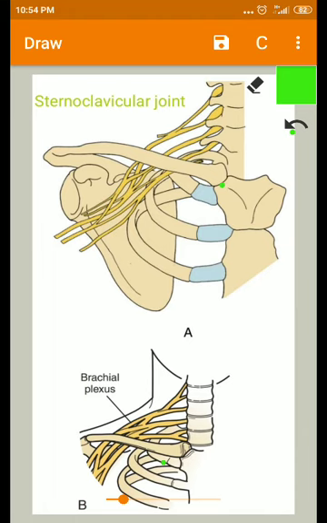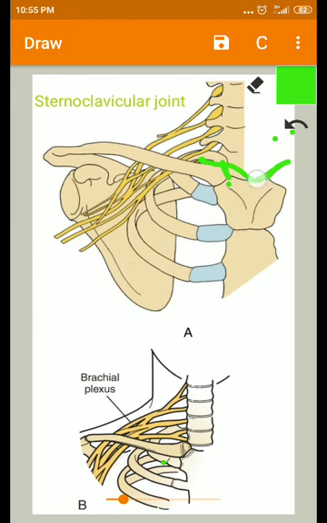The superior portion of the medial clavicle will not have any contact with the manubrium at all. But this superior part serves as an attachment for the sternoclavicular disc as well as the interclavicular ligament.